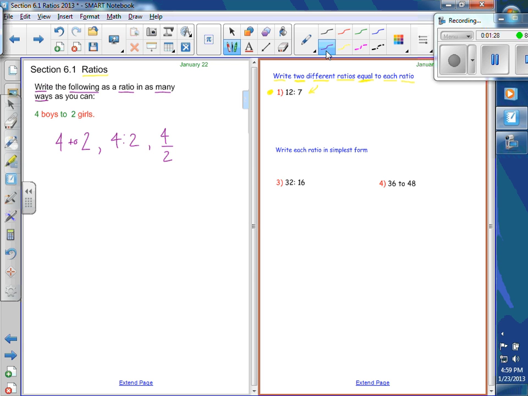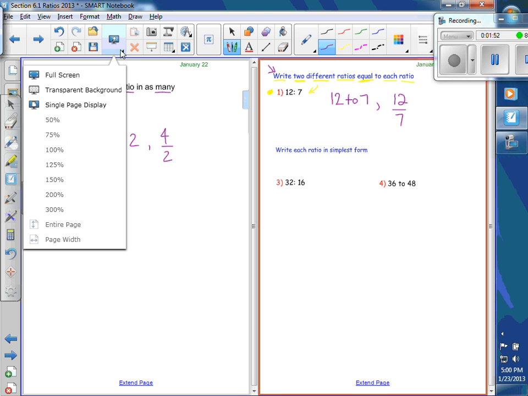So you have colon form. So another way to write this is 12 to 7 with English words, or with a fraction, 12 to 7 with a fraction bar. So these directions here are the same directions you would see in your textbook, and they will have you practice with a few problems.